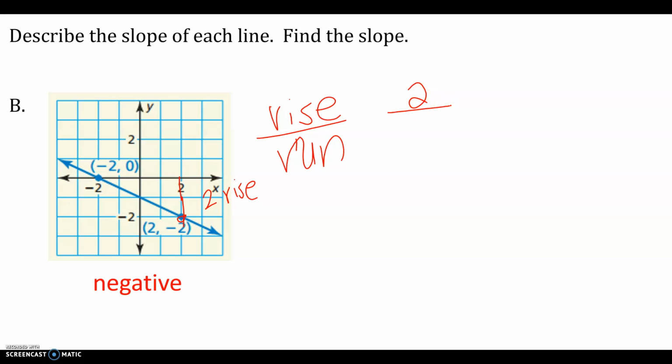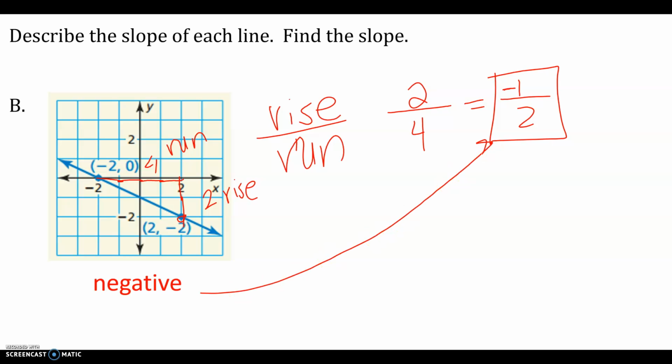Now we're going to run 1, 2, 3, 4, and we ran 4. We reduce our fractions, and it is a negative 1/2. Notice I put the negative in my answer, and it doesn't matter where it would go.